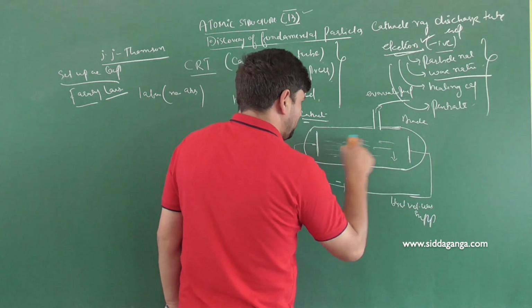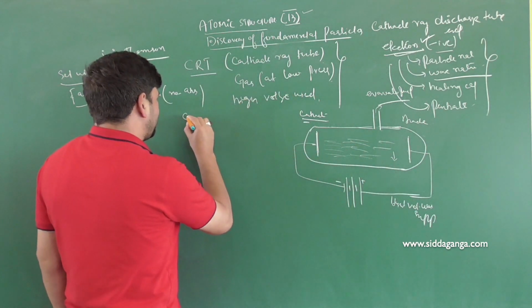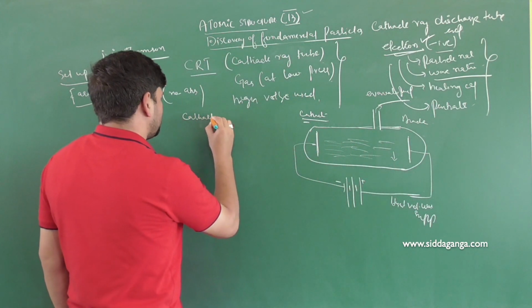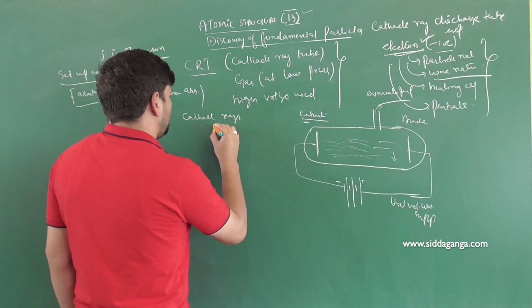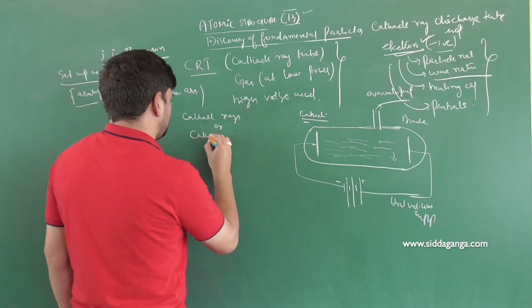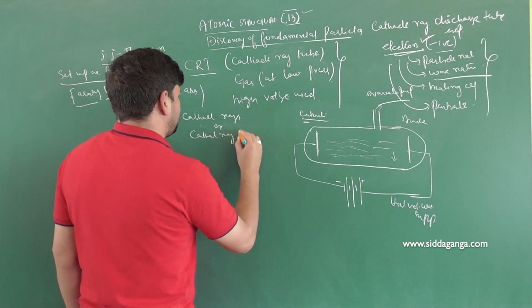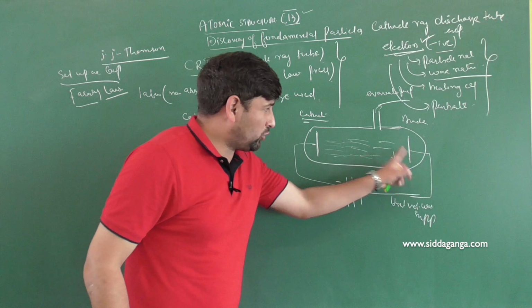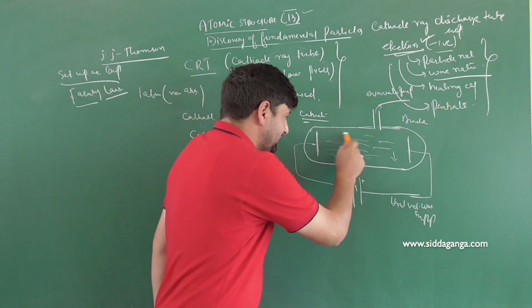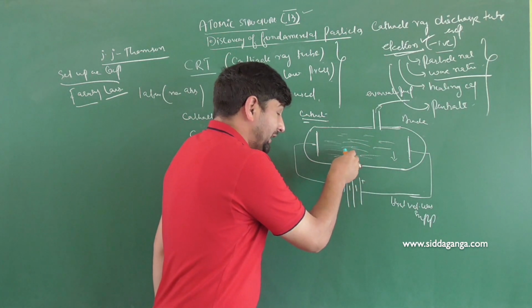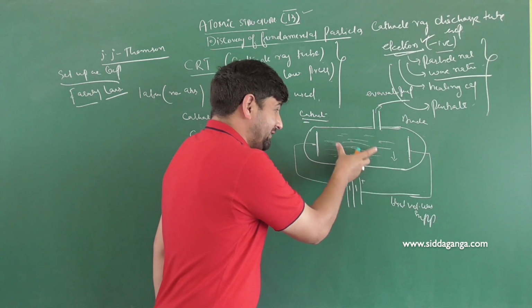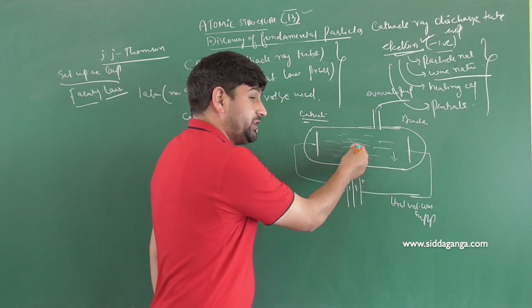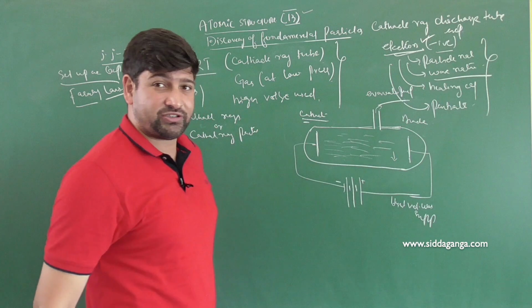So those particles were called cathode rays or cathode ray particles. Now try to understand it. Why was high voltage given? So that the gas which is present, and the color of the gas, there was a color development also within the chamber, and it was dependent upon the gas taken into consideration.